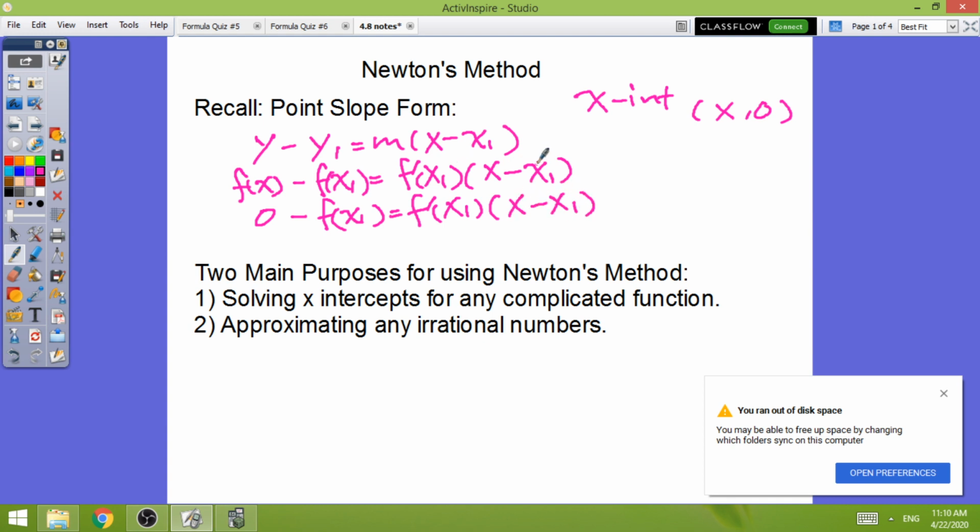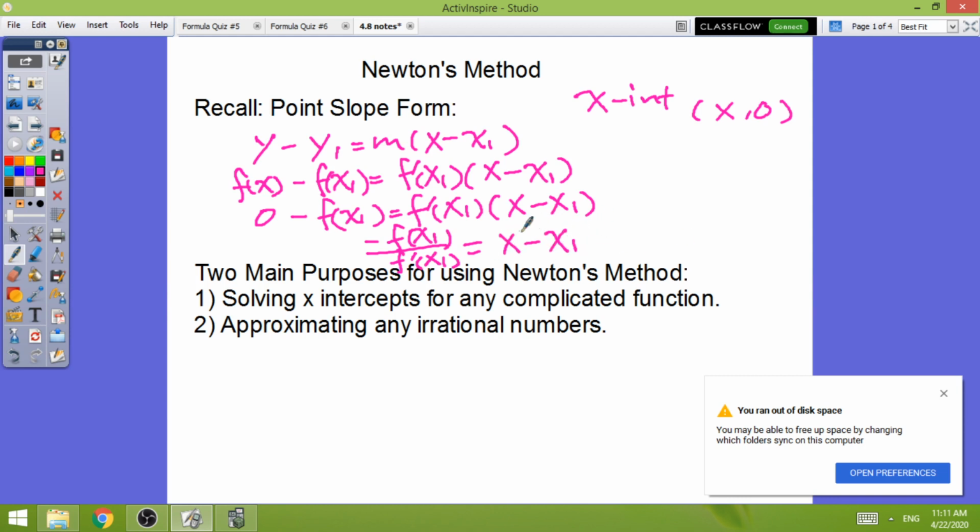Now what you need to solve for is x. So how do you isolate x by itself? First, divide both sides by the derivative, f prime of x1. It's going to be written as negative f of x1 divided by f prime of x1, and you're left with x minus x1.